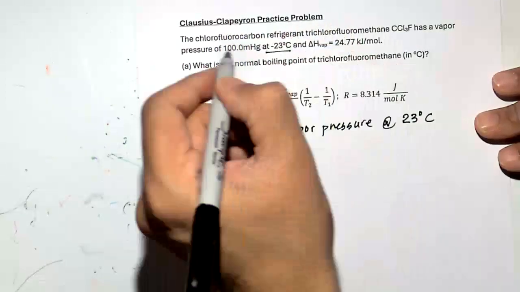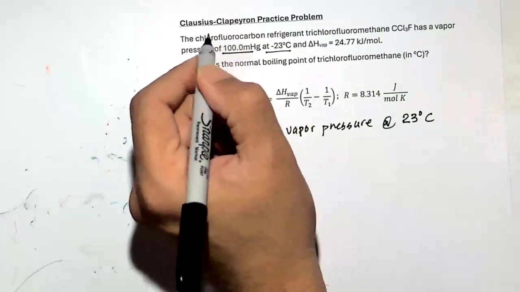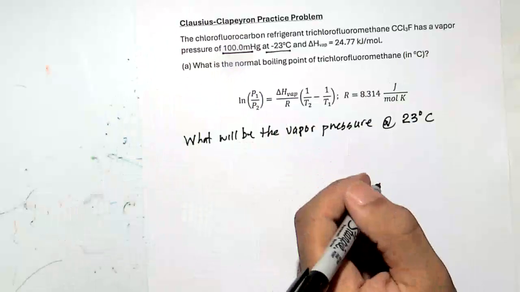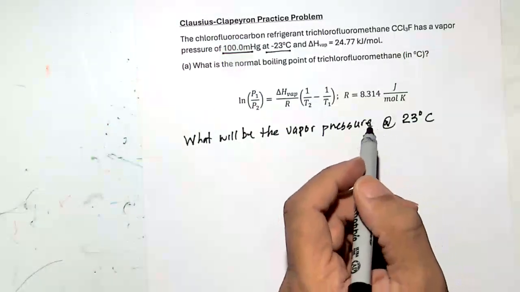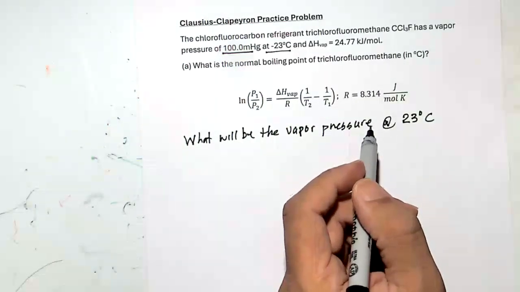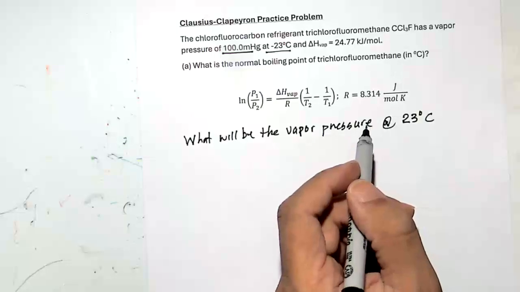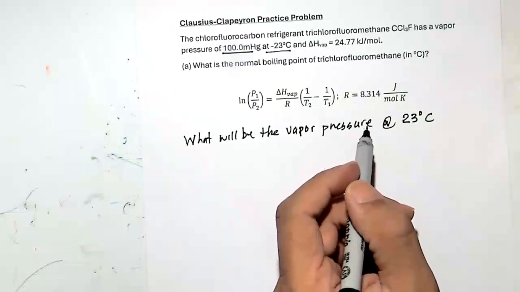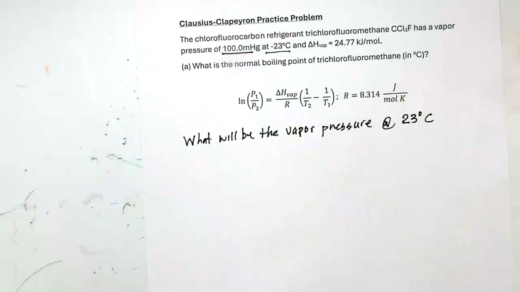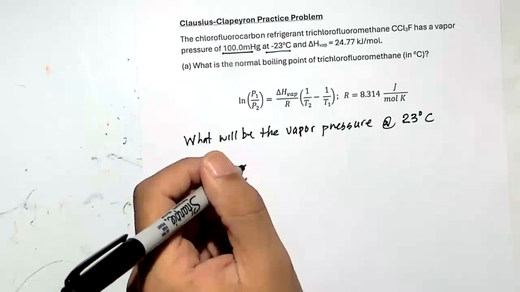Not minus 23 degrees C, where we know the vapor pressure will be 100 millimeters of mercury. What will be the vapor pressure at room temperature, which is about 23 to 25 degrees C? Can we do this type of problem? All right, let's go over this, and then we'll move on to the next part of the chapter.